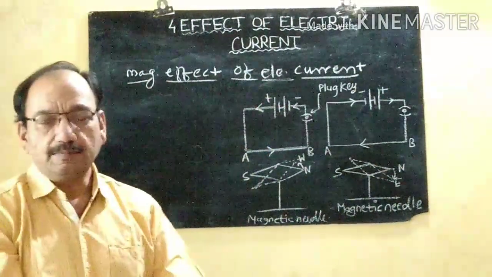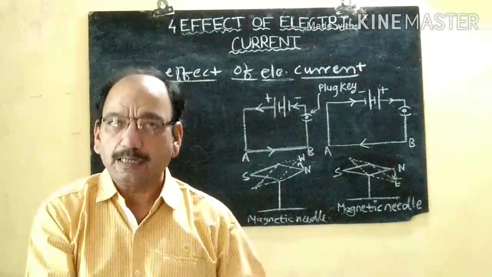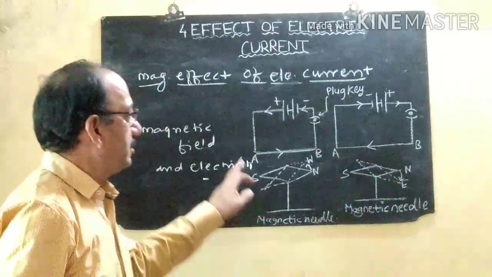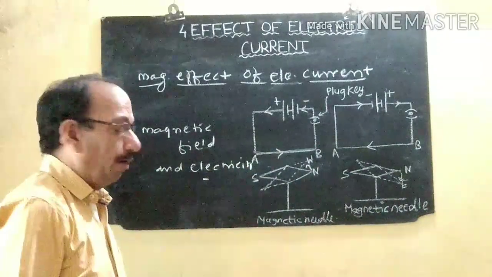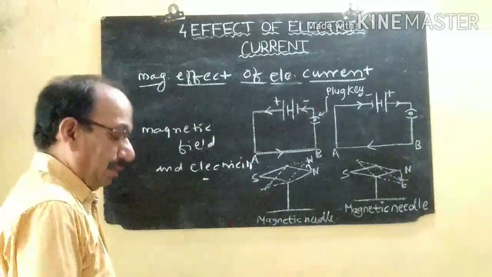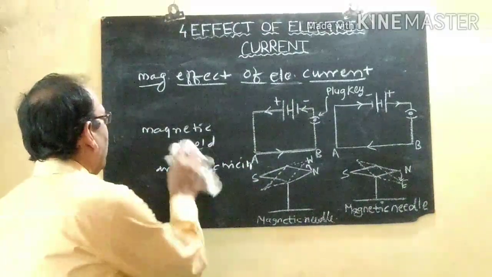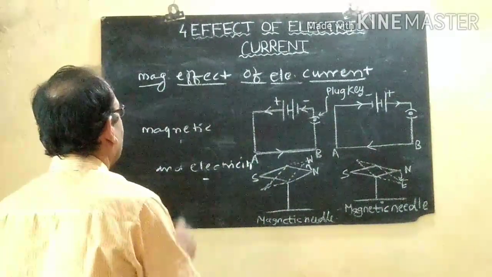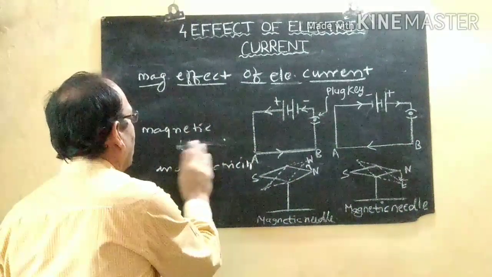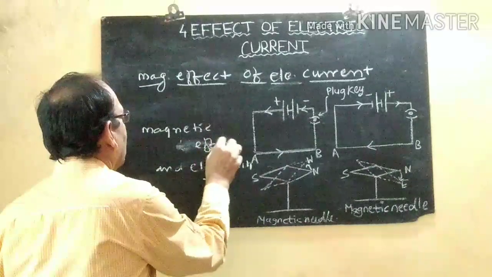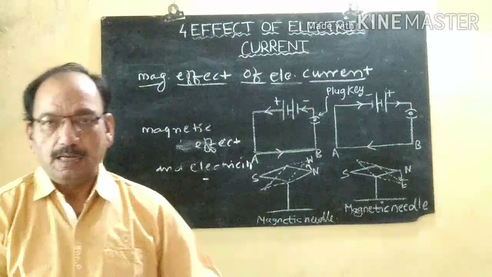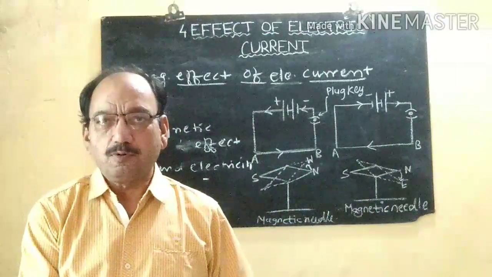This means there is a relation between the flow of electric current and the magnetic field. What do you learn from this experiment? We learn that there is a relation between the magnetic effect and electricity. And this relation was observed by the scientist Hans Christian Ørsted.